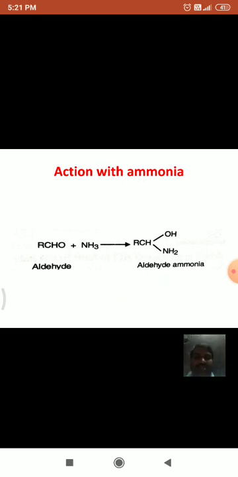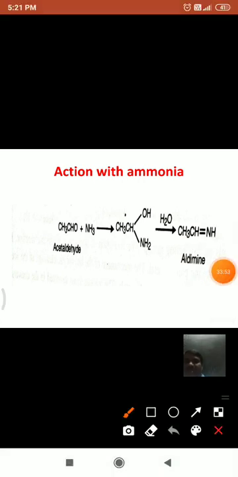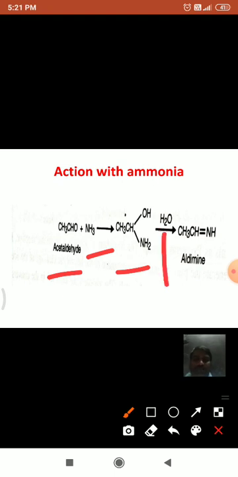See here, let us see one example. For example, acetaldehyde with ammonia forms acetaldehyde ammonia product, which with the loss of water molecule forms the aldimine product, acetaldimine.